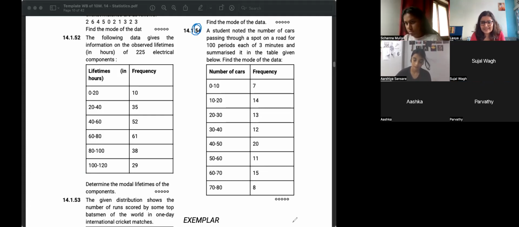Aryan, modal class. What did you just send that number? Ashka, yes. Sujal, class size नहीं, modal class कौन सा है? पार्वती, yes. हाँ, सही है. ठीक है. Shana, yes. Sujal, yes. ठीक है. Continue. Got it.